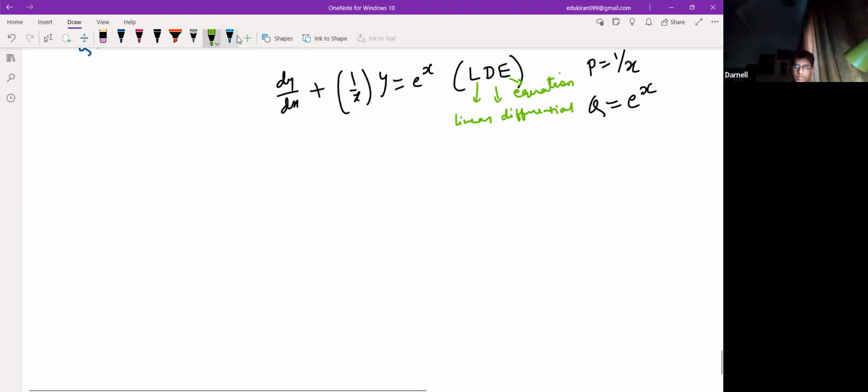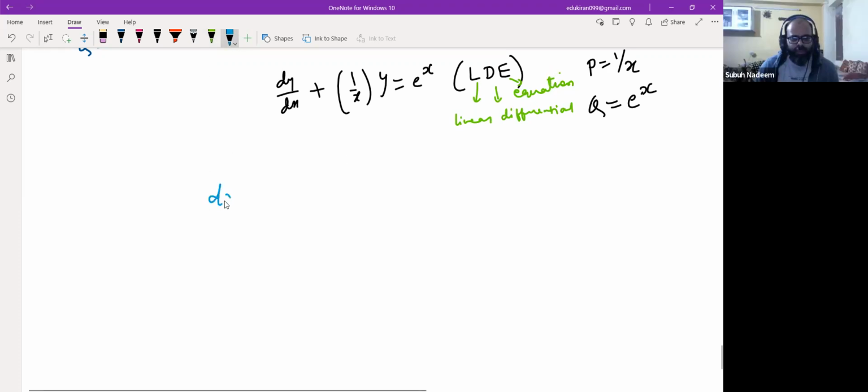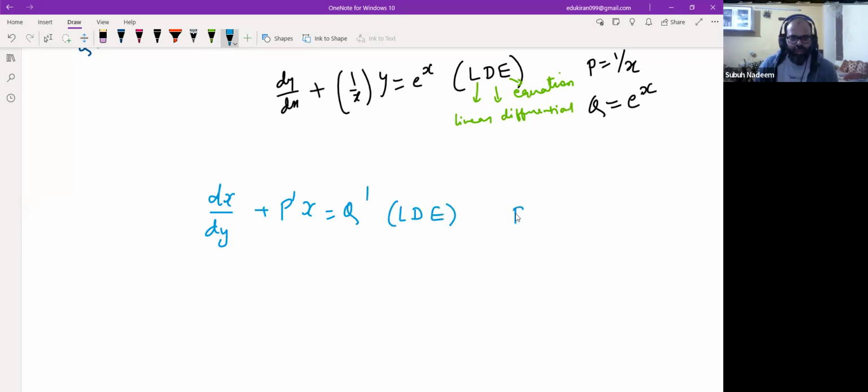Now, if it is like dx by dy, so you can write P' x is equal to Q' form. This is also a linear differential equation. Here, P' and Q' are functions of y or constants.